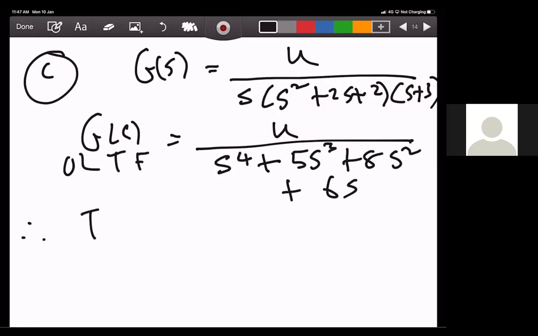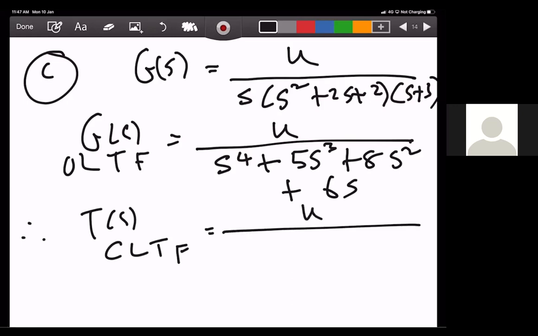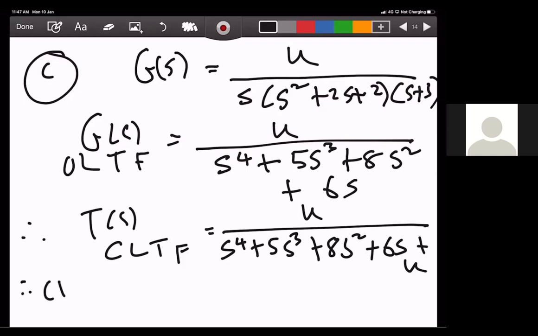Closed loop. K plus K. Okay. And the characteristic equations.